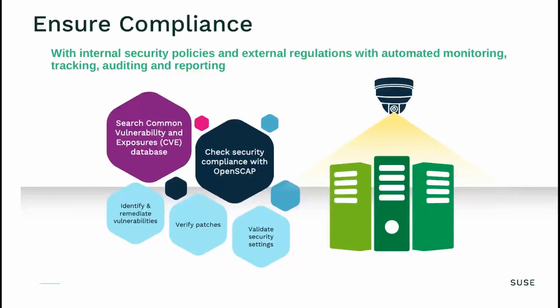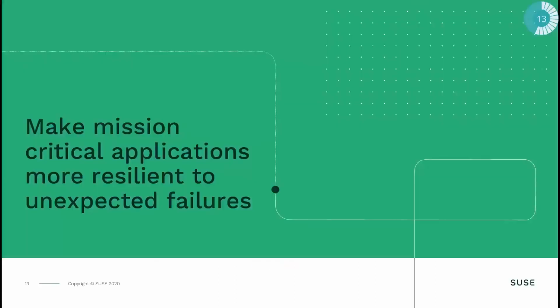All right, let's continue on to the third use case. So, making mission critical applications more resilient to unexpected failures. When I started working with Z systems, especially when I came to SUSE back in 2001, I had the opportunity to go to Poughkeepsie and learn a lot about the hardware and the capabilities of the system.